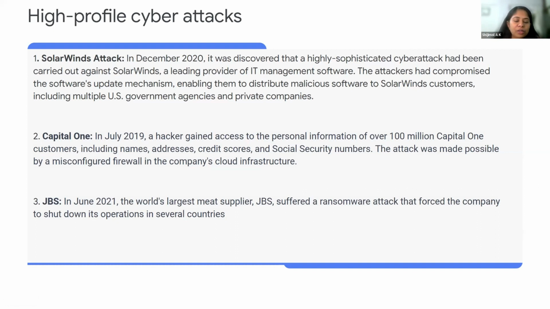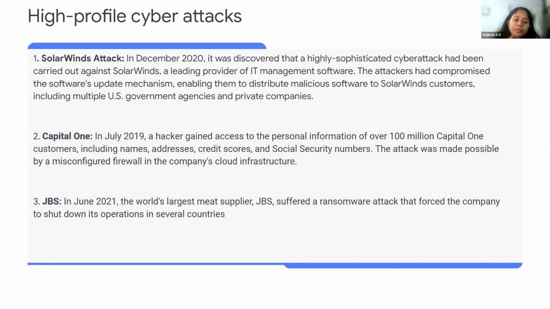They compromised the update mechanism, which means they found a way into how the software is being updated. When the software got updated, they managed to distribute malicious software. Whenever you're using an application, you get a notification to update the software, and you will go ahead and update it, right? You won't suspect anything malicious behind updating an application, but that is what happened there. They updated the application and that gave entry for the malicious software.